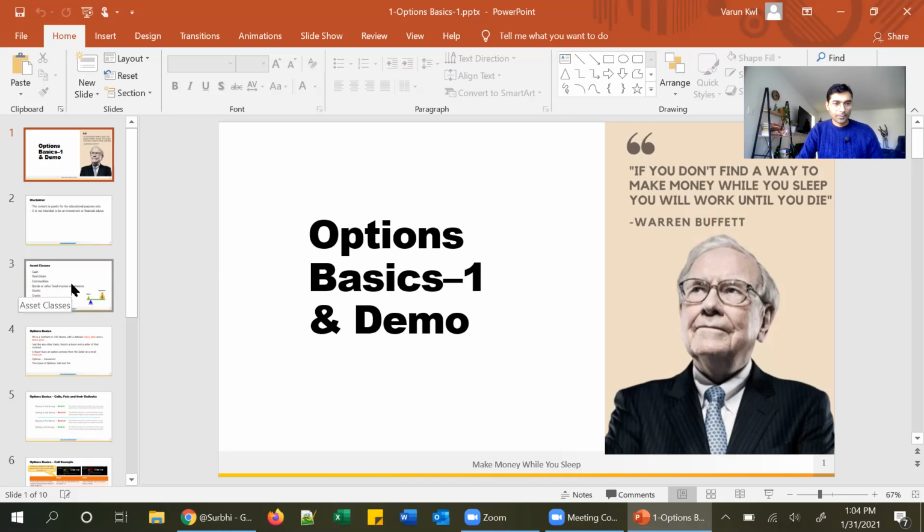I will try to show you how to place those options orders on Robinhood as well as on Tastyworks, maybe after we cover this session. You can also ask questions in the end. Surbi, you shared a couple of screenshots, so we'll look at that if we get enough time. Otherwise, I'll take those one on one.